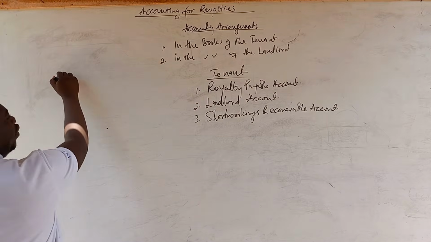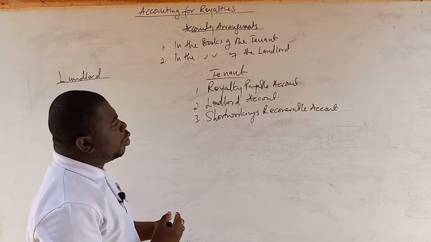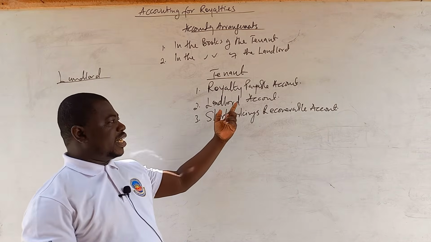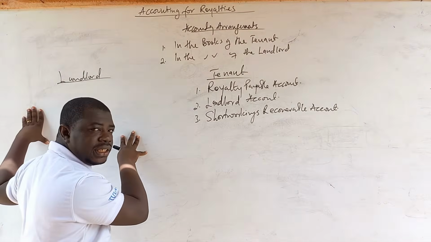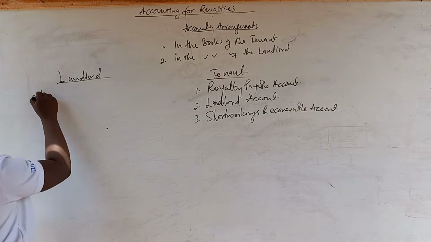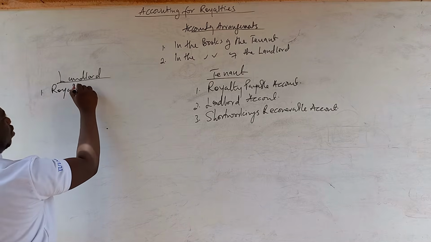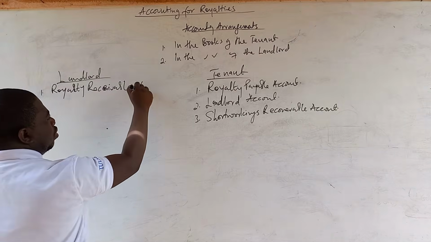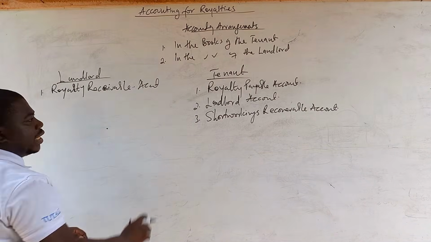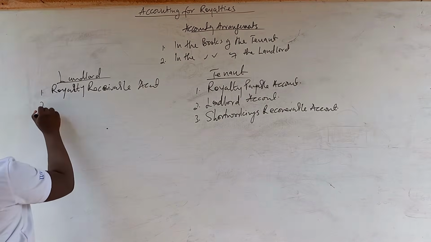Now, in the books of the landlord, because you see, the tenant sees the landlord as a creditor, but the landlord sees the tenant as a debtor. Okay, so the landlord is going to prepare royalty receivable account. So you see, whilst the tenant is preparing royalty payable, landlord is preparing royalty receivable account.